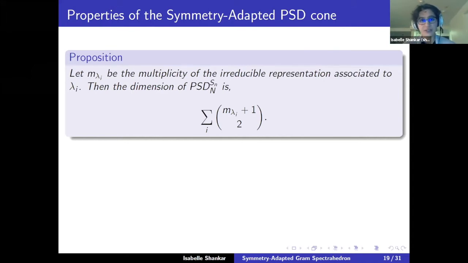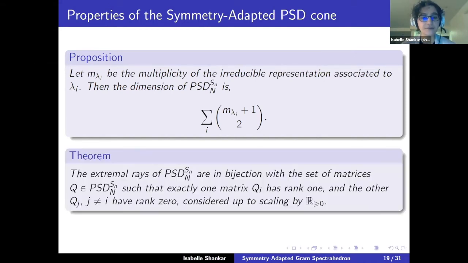And so we asked, okay, well, can we do something similar for the symmetry adapted PSD cone? And it turns out we can do a similar process. We're going to pick some Qi tilde, and we're going to make the Qi block in it rank 1.